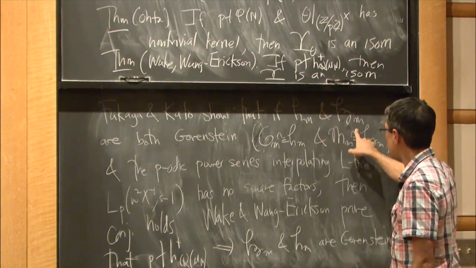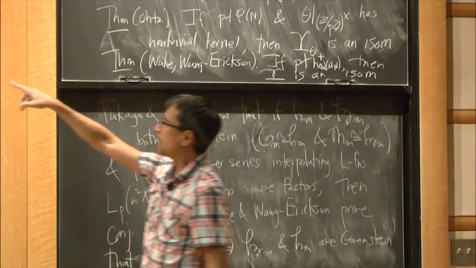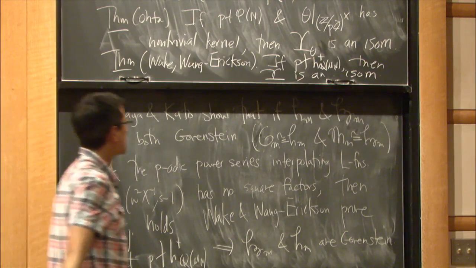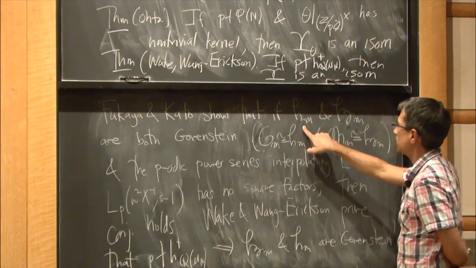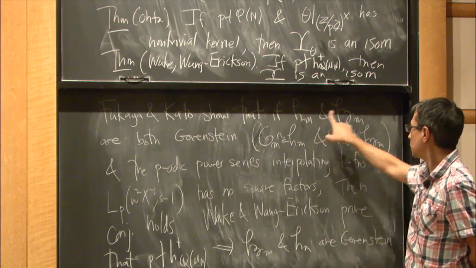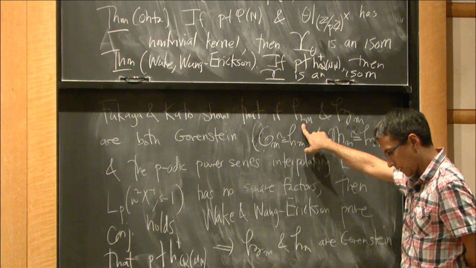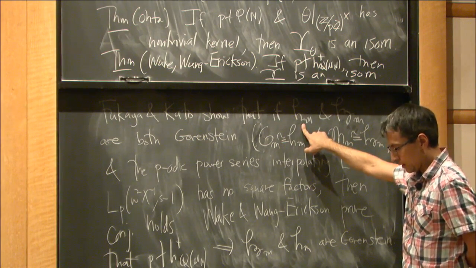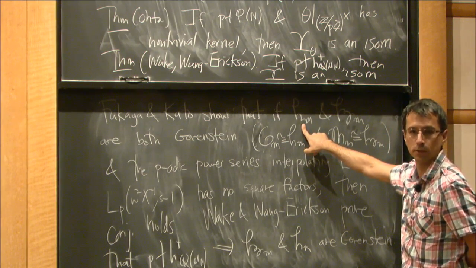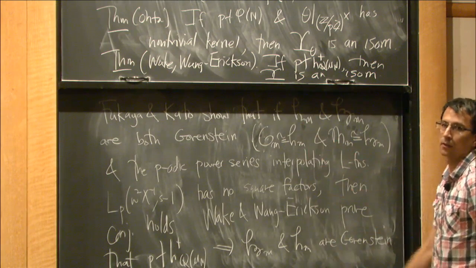Under the assumption that this is Gorenstein, this S mod IS actually becomes like the Eisenstein ideal mod its square. And this one is essentially cyclicity of the minus part of the p part of the class group, which is implied by Vandiver's conjecture.